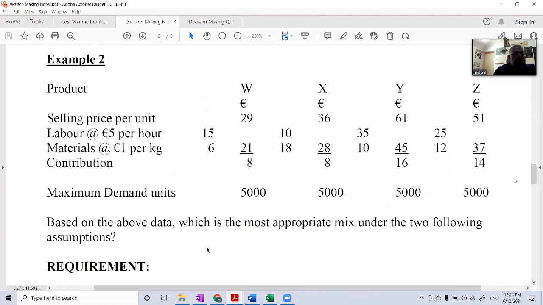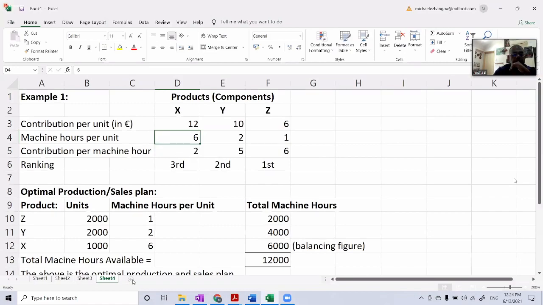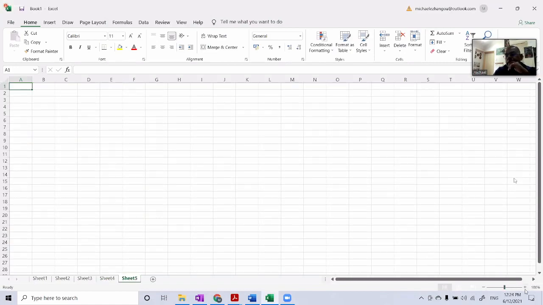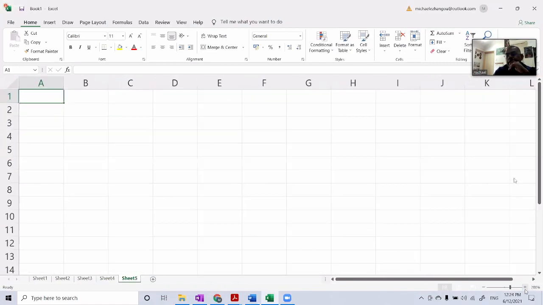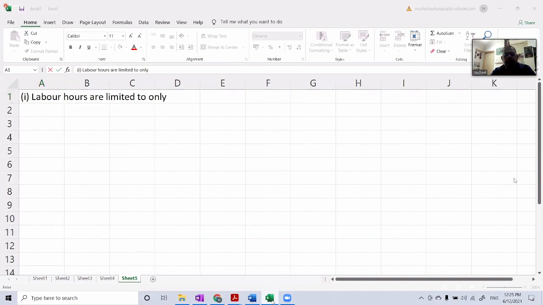Okay. Now, we take the first one, but I'm going to do some preliminary workings. A fresh sheet. All right, the first one, labor hours are limited to only 50,000, was it?